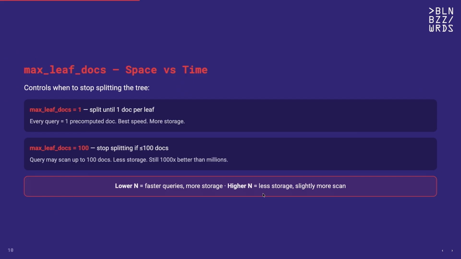So again, the query could scan up to 100 docs. This is less storage, but 100 docs is still thousands of times better than scanning millions of docs, right? So lower means faster queries and more storage, higher means less storage and slightly more scanning. This is the trade-off parameter which we can configure for space versus time.